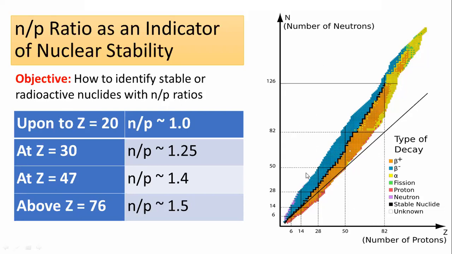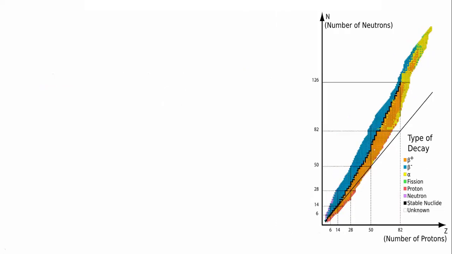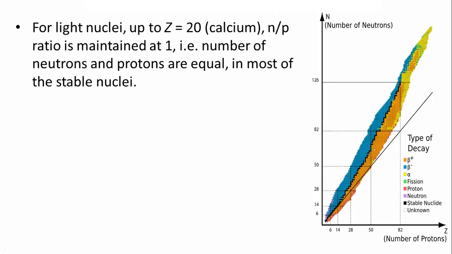Let's first look at the details of this graph. For the light nuclides, up to 20, that means the atomic number of calcium, the neutron-proton ratio is 1:1. That means the numbers of protons and neutrons are equal in most of the stable nuclides.